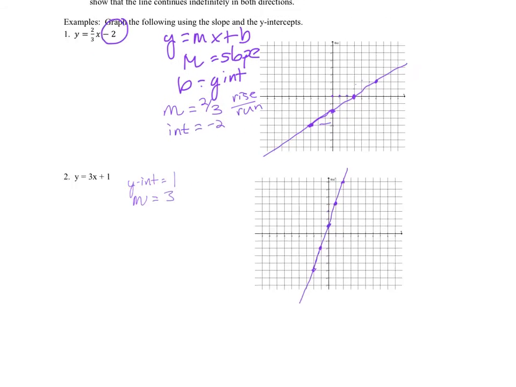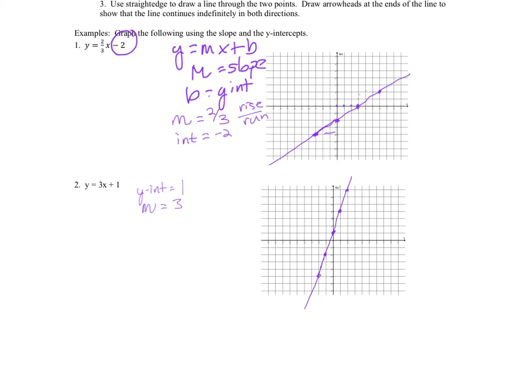Backwards, 1, 2, 3, backwards 1. Down 3, backwards 1. So I can see I've got quite a line here. I find the more points I plot, the more accurate my graph. Okay, so that is your slope-intercept.